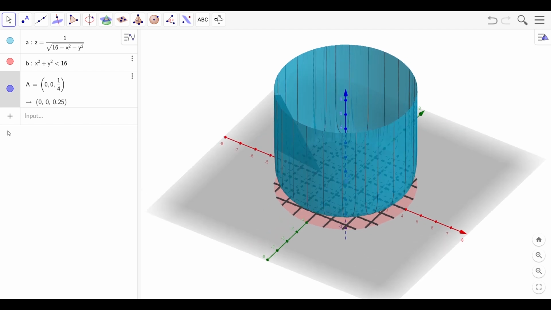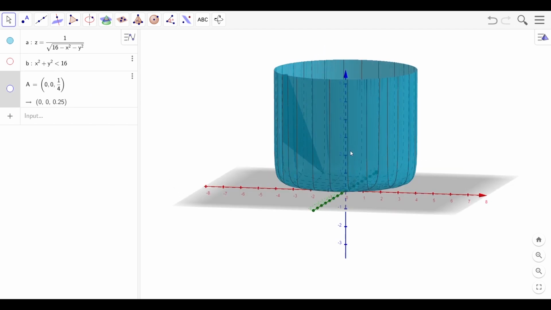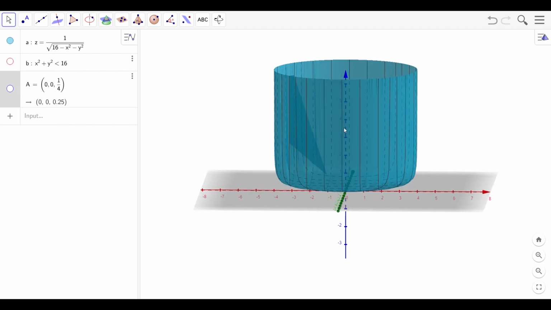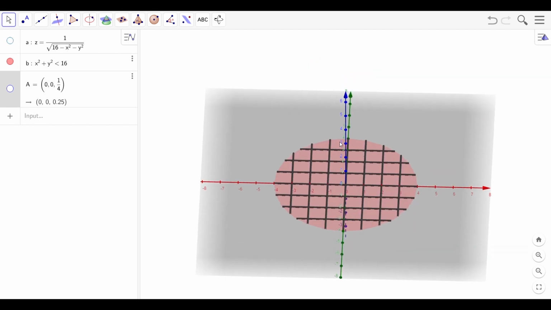So you can see all these things together. First, this is the function corresponding to points on the xy plane. You have f of x, y is this. Then you have this is the domain. You can see the domain alone.